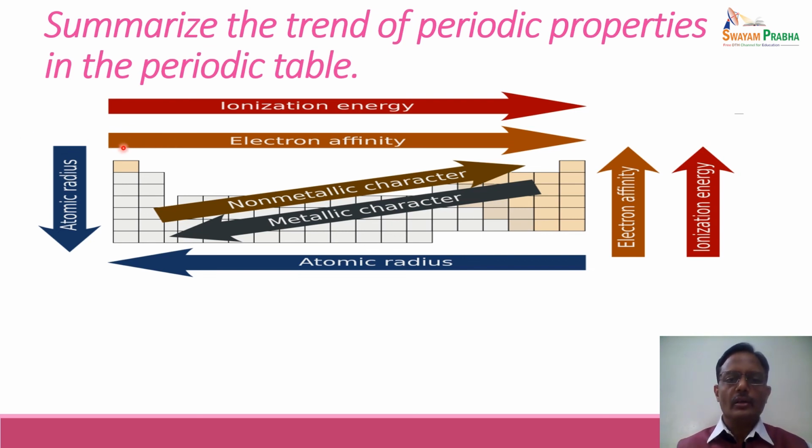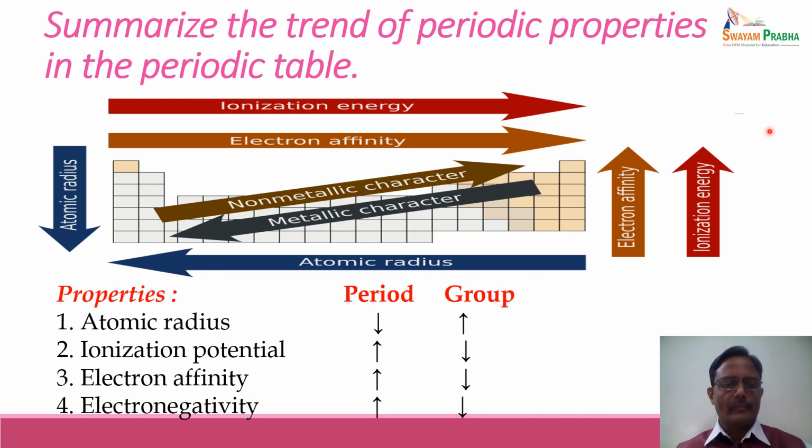Electron affinity goes on increasing from left to right and bottom to top in the periodic table. The non-metallic character increases from left to right, while the metallic character goes on increasing from right to left. So if we summarize these properties, we can say that the atomic radius decreases in a period and increases down the group. The other properties go on increasing in the period while they go on decreasing down the group.